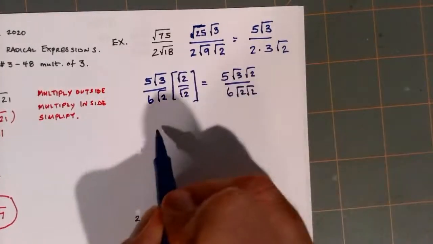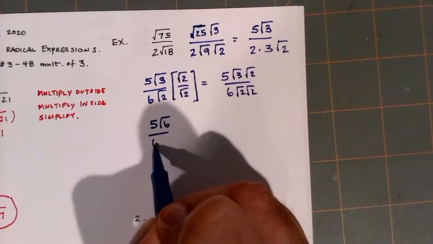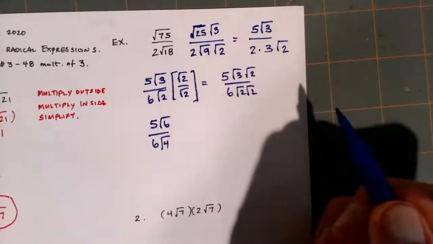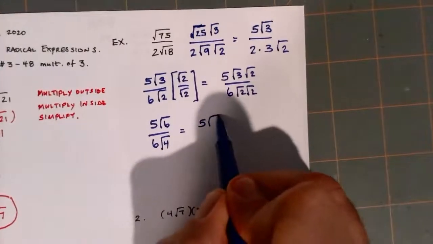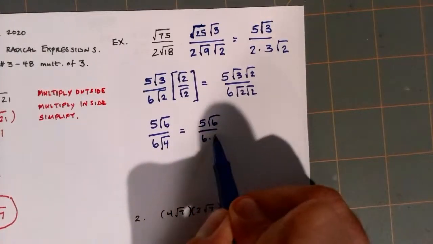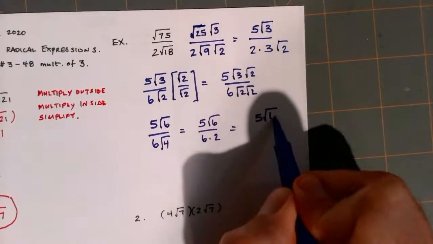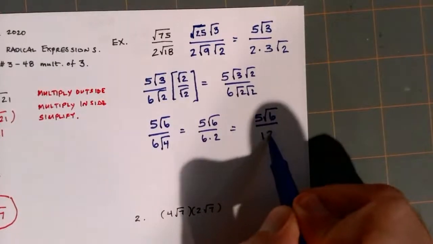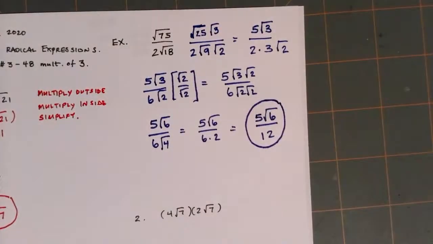So I get 5 root 6 over 6 root 4. The square root of 4 is 2. So I get 5 root 6 over 12. Okay, so that is the answer to that example.